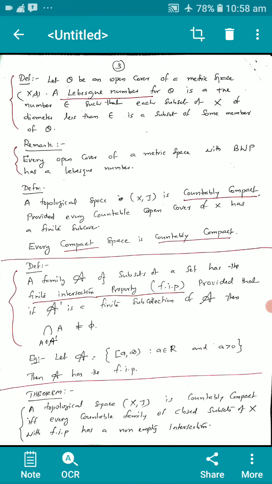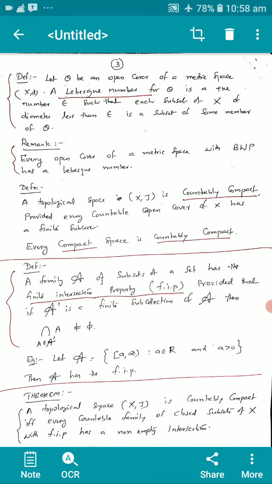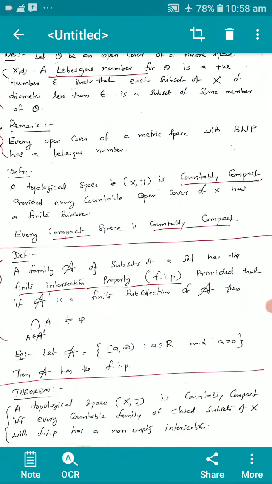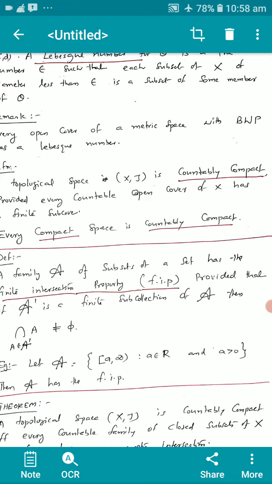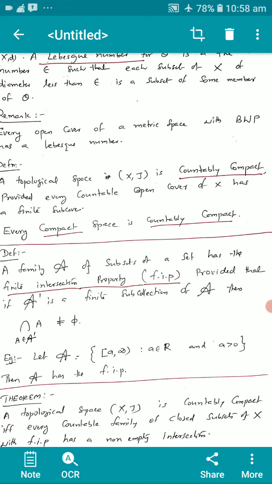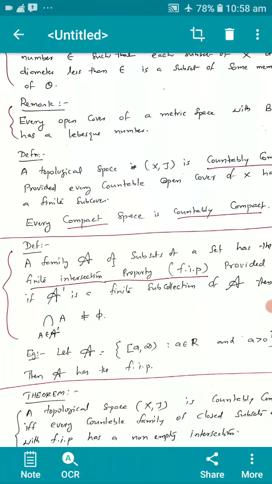Next page, and a definition. We start with: let theta be an open cover of a metric space (X, d). We are discussing the Lebesgue number. A Lebesgue number for theta is a positive number epsilon such that each subset of X of diameter less than epsilon is a subset of some member of theta.